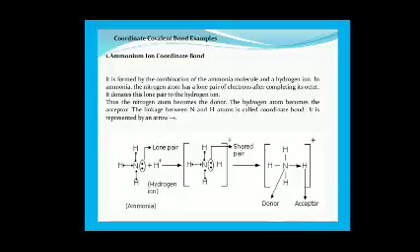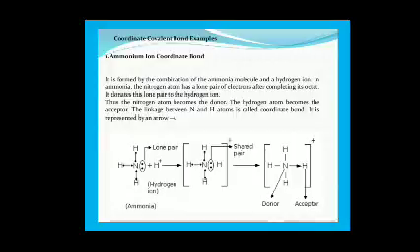In ammonia, the nitrogen atom has a lone pair of electrons after completing its octet. It donates this lone pair to the hydrogen ion.